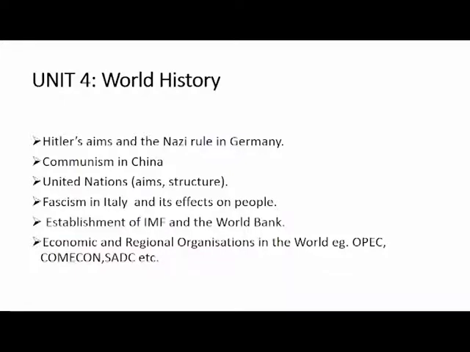So now, what is expected from you? You should know the aims of these economic and regional organizations. I have just given 3 examples, but there are a lot. You should know all of them. So you should know the aims. You should know the member countries.